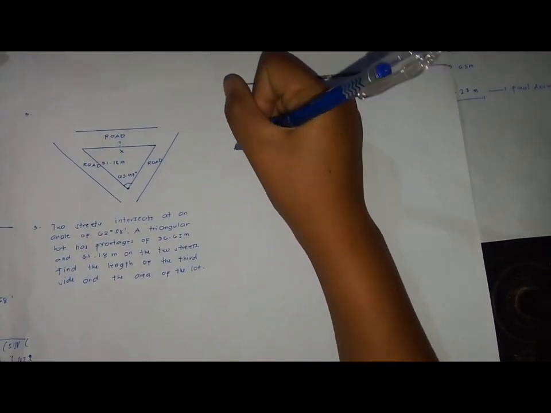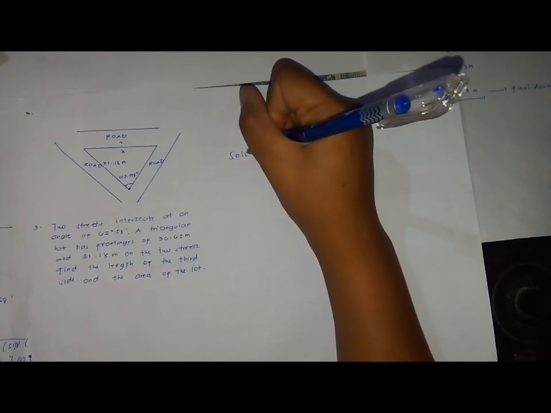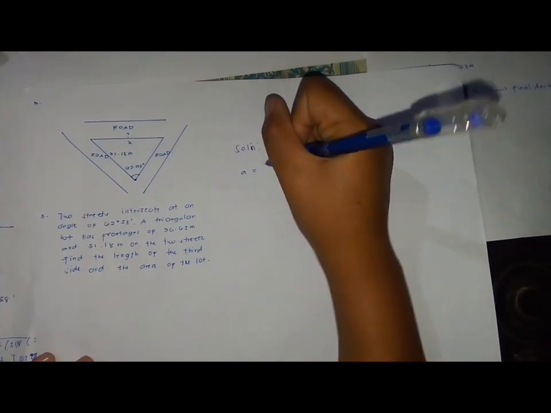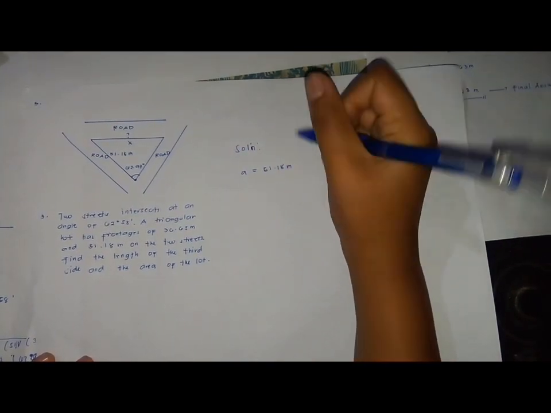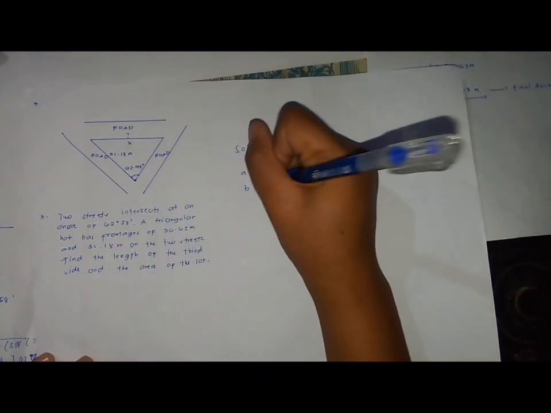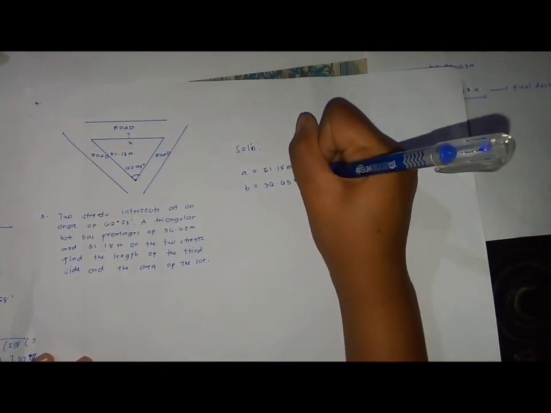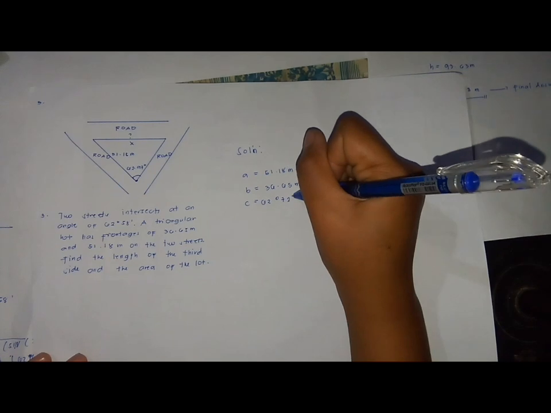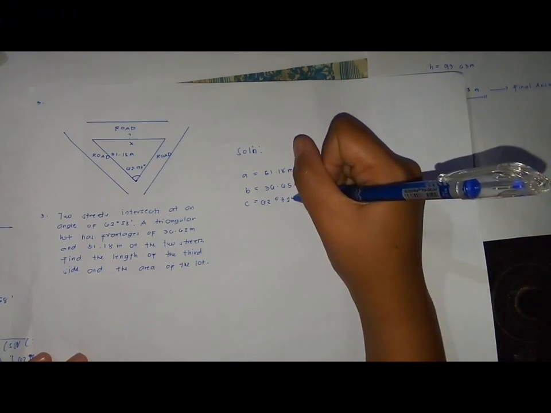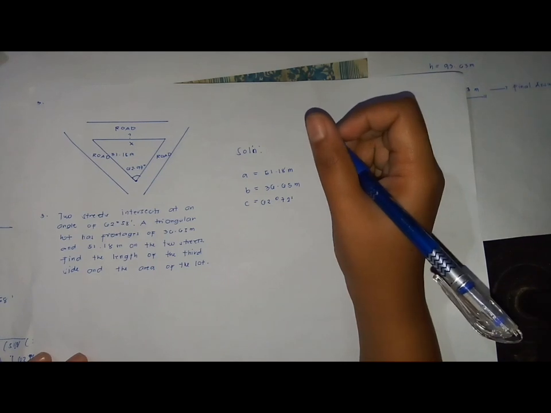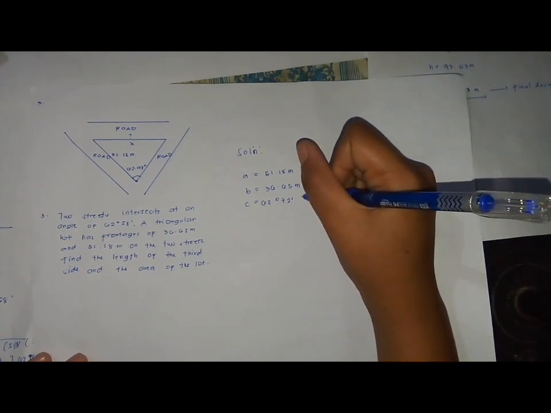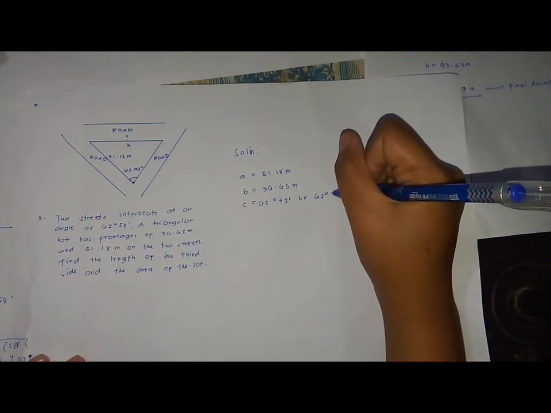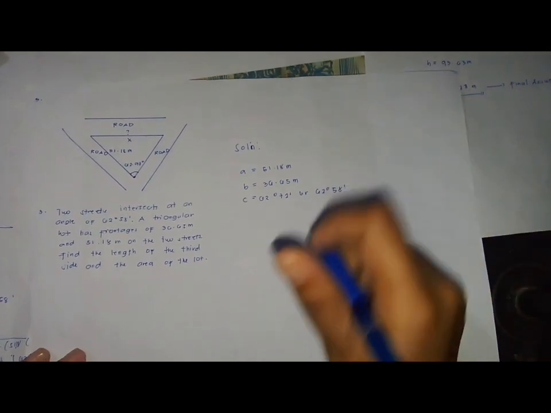So we have here our solution. A is equals to 51.18 meters, while B is equals to 36.65 meters, and C is equals to 62 degrees and 58 minutes.